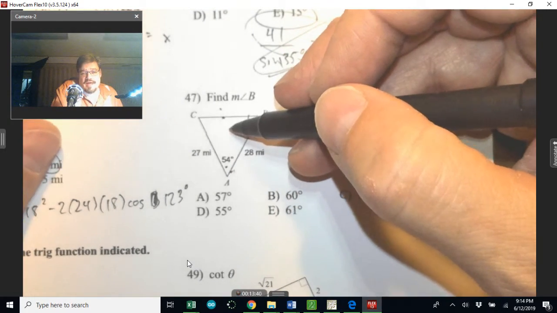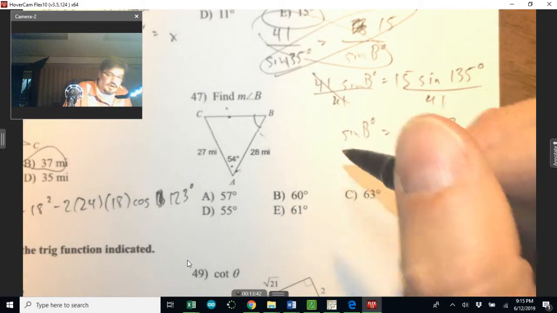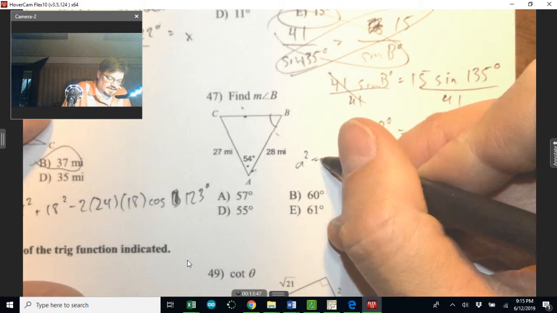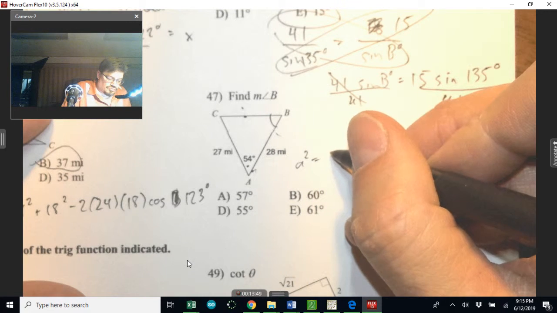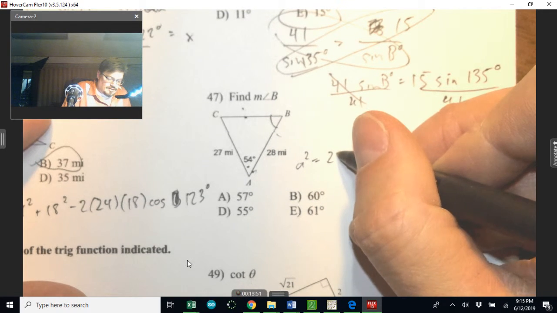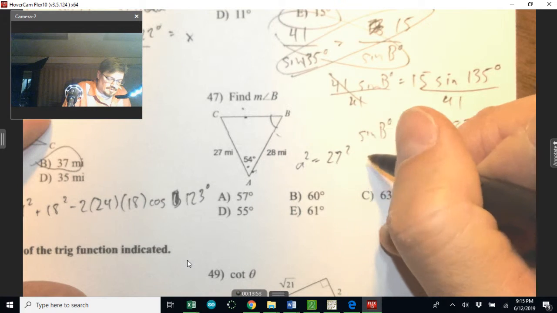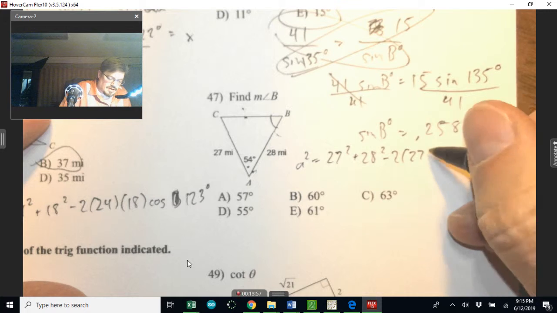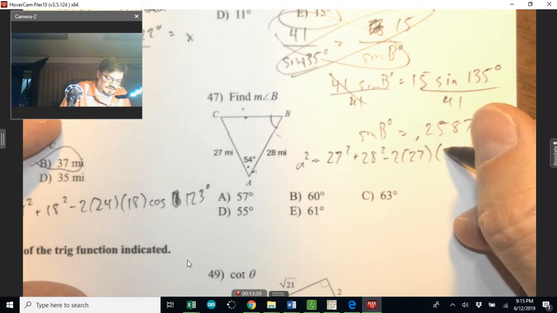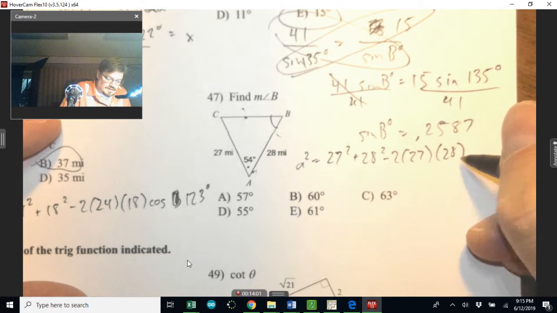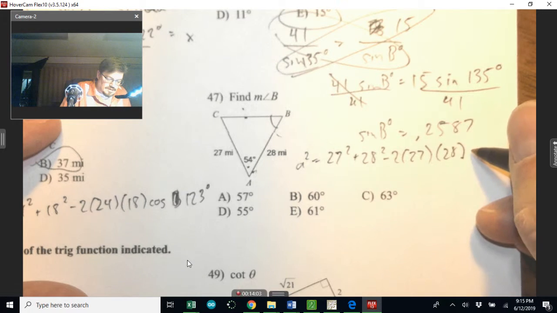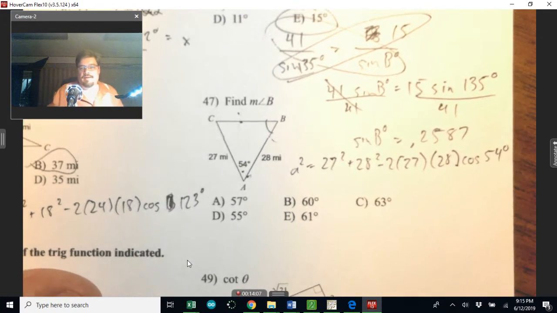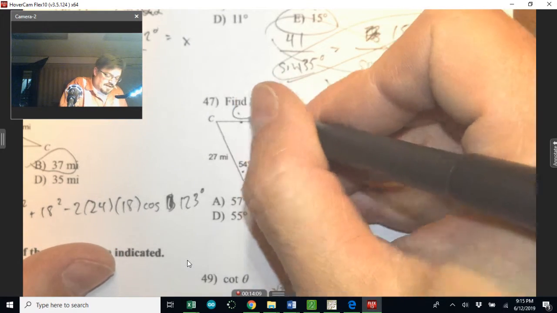So to do that, we have to go little a squared equals b squared plus c squared minus 2 times b times c cosine 54. That's going to give us this guy.